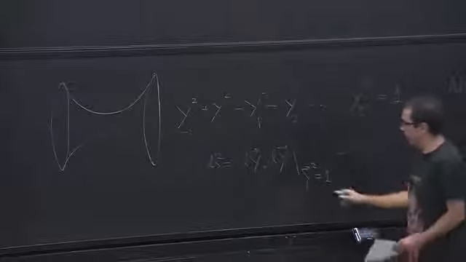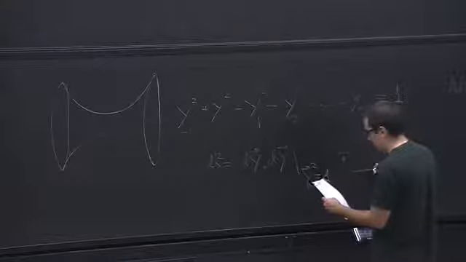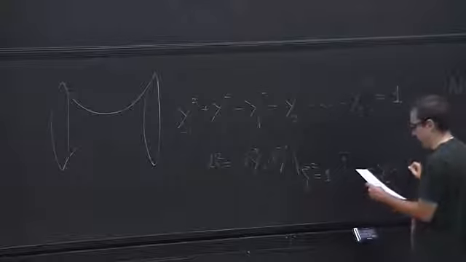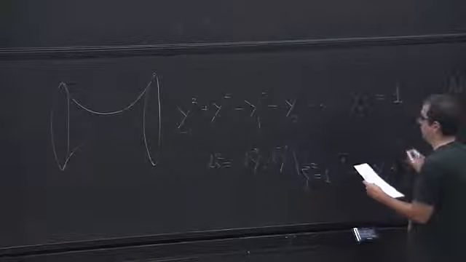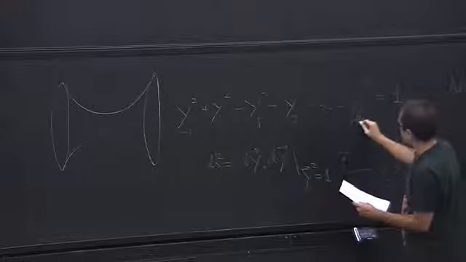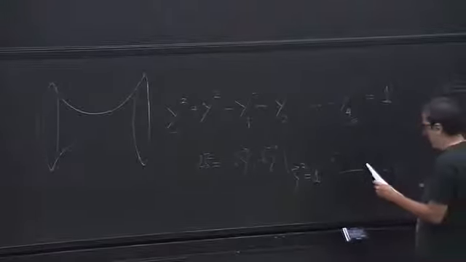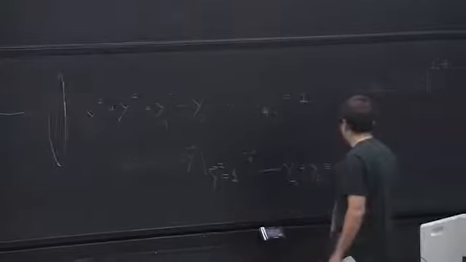If you use a particular parameterization that solves this constraint, let me tell you which one. Sorry, I did something wrong. Here it's 4. If I have y_{-1} plus y_4, I call this 1 over z.